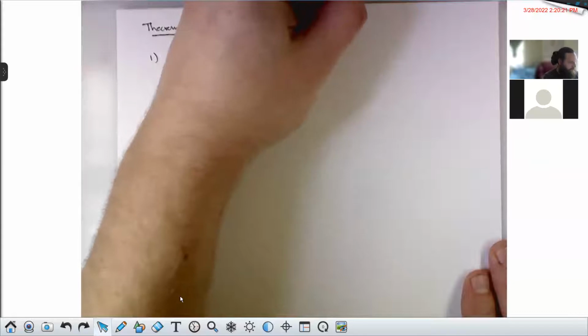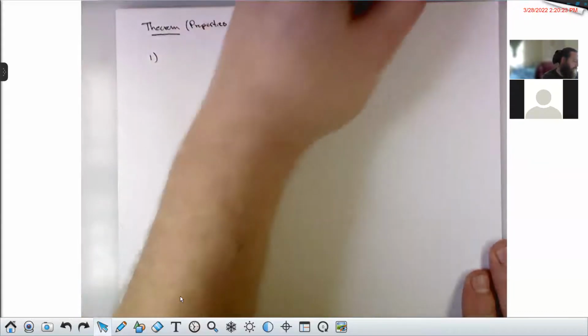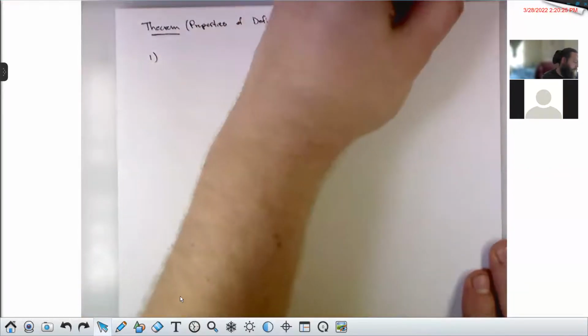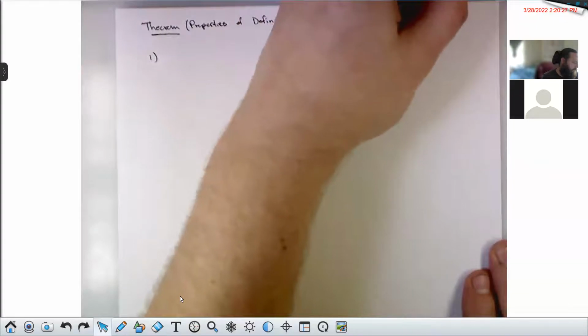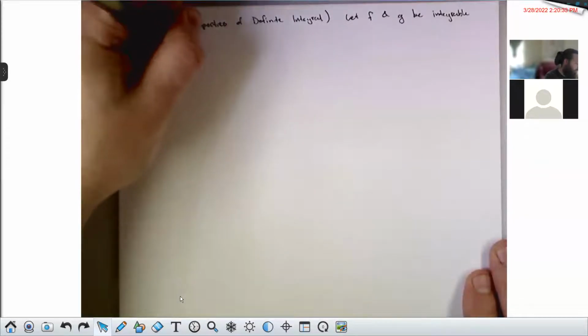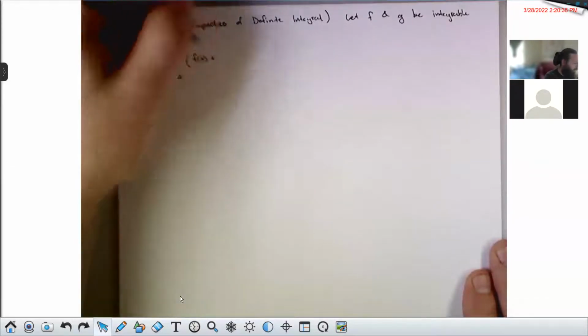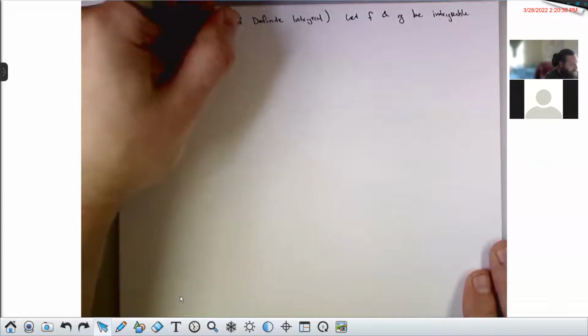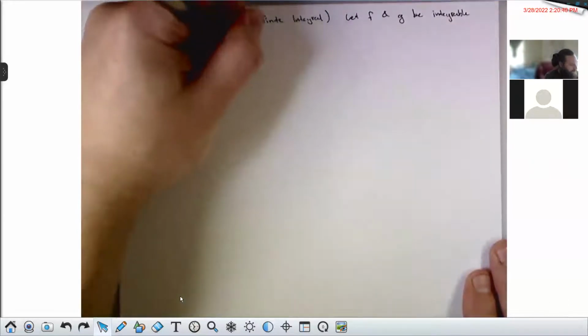Let's let f and g be integrable. Then the integral from a to b of f of x plus g of x dx.